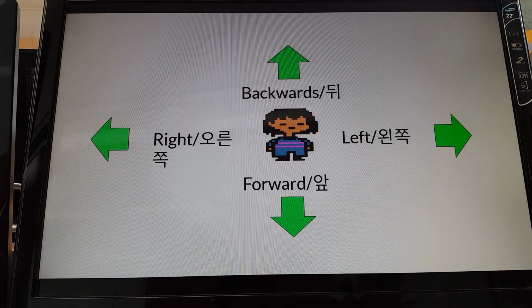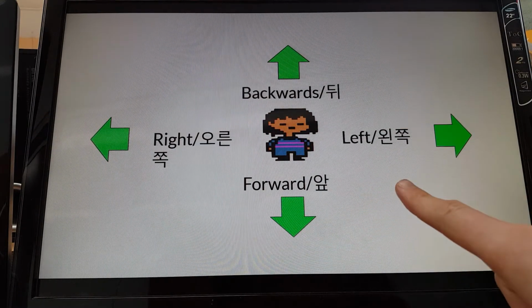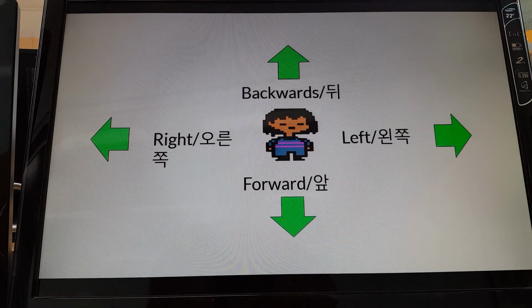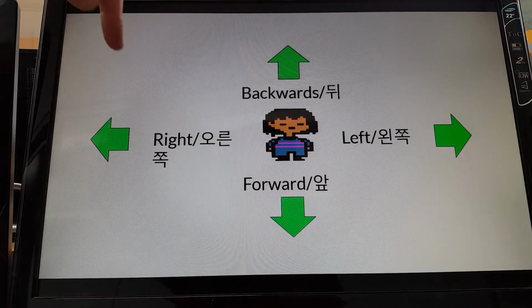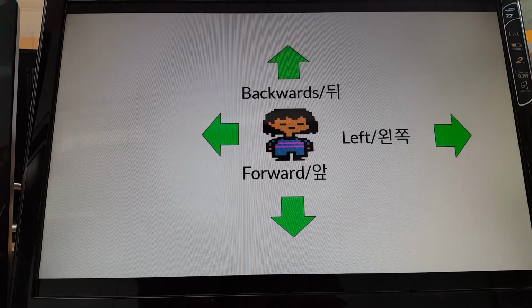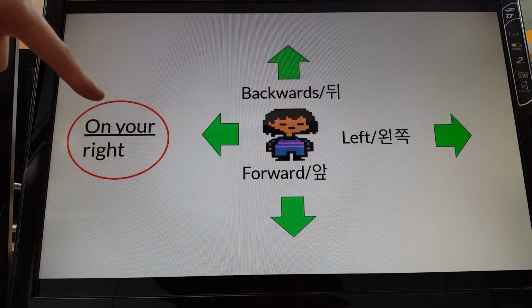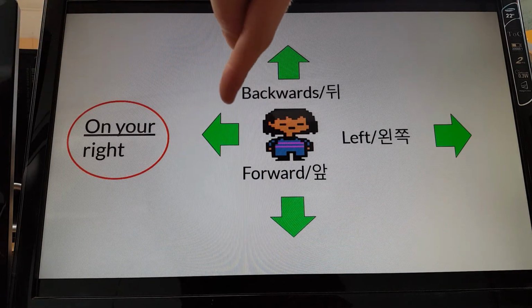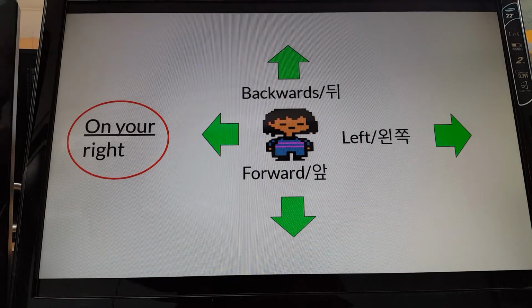Now, these are different because these are directions, 방향, and we need location. So our first location, so right, would be on your right. So direction, right, location, on your right, like that.